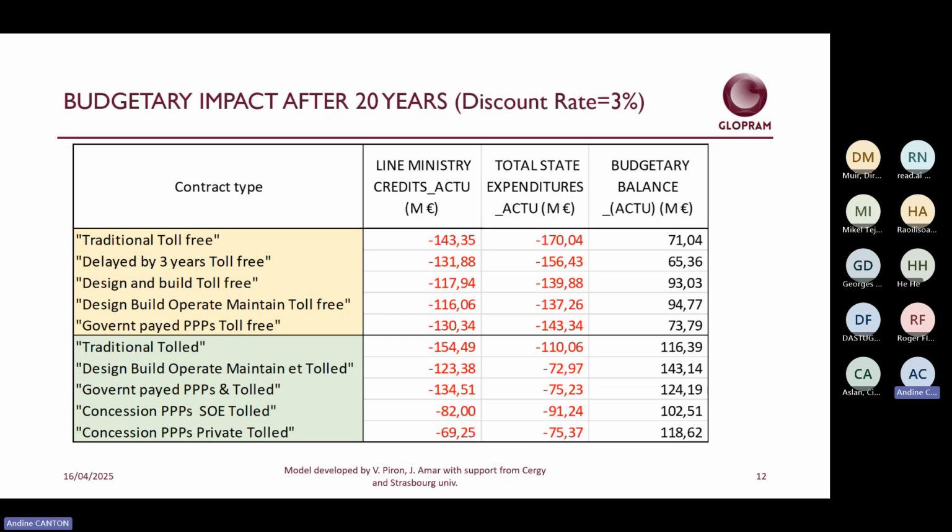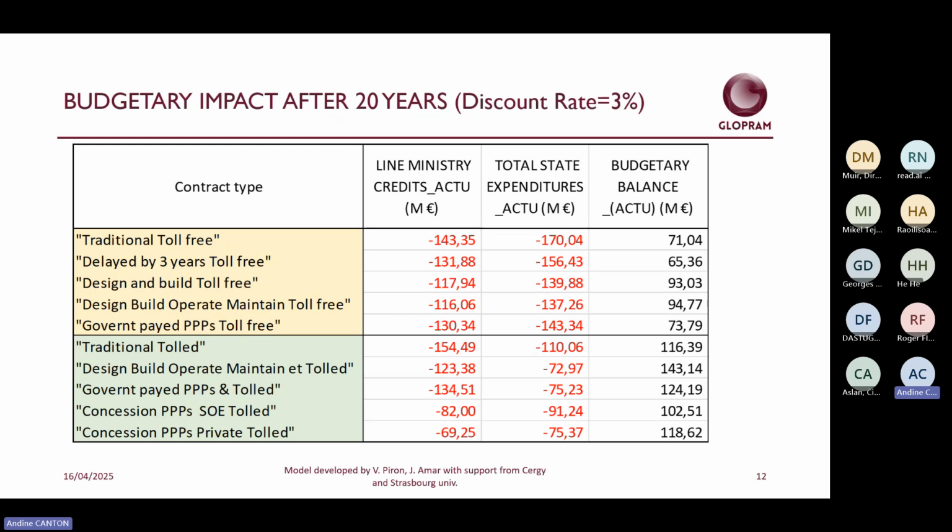So it is discounted. So you see immediately that if the scheme is a tolled one, the cost, sorry, I start by the columns. The costs in red are obviously negative. In my sign convention, red is minus.